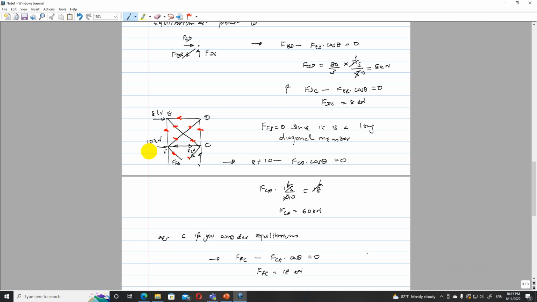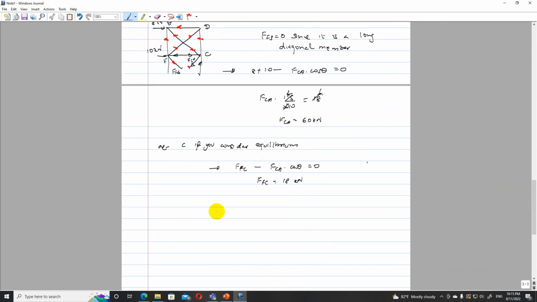Then if you balance vertically at that point, this member is FCB. Okay, so FCB. So vertically FCB, and what are the other forces acting on it?